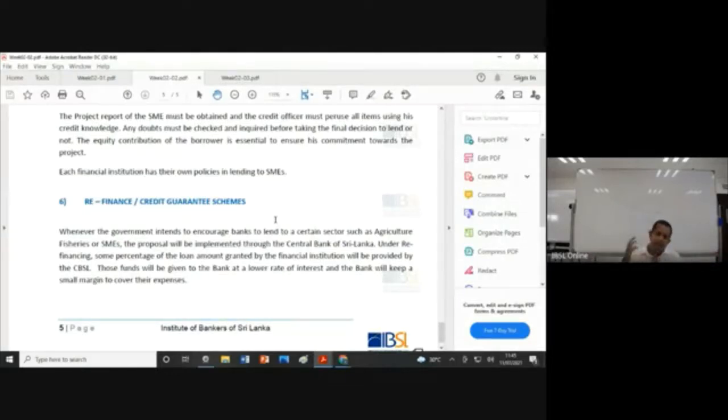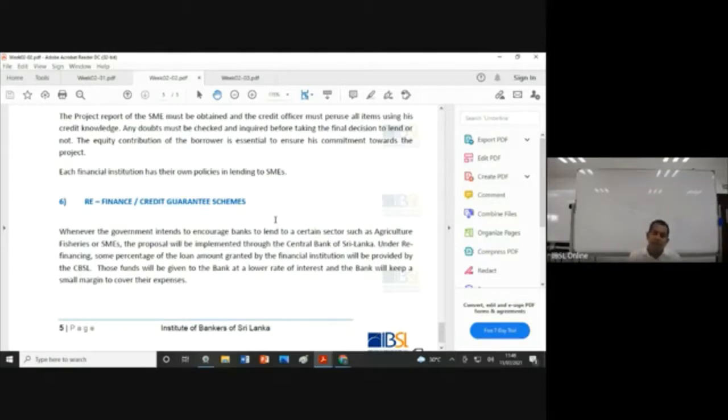It is like JICA, Japanese Bank for International Cooperation, will give loans to Sri Lankan government to fund the SME segment. That loan will come to Sri Lankan government for 3% for 40 years.